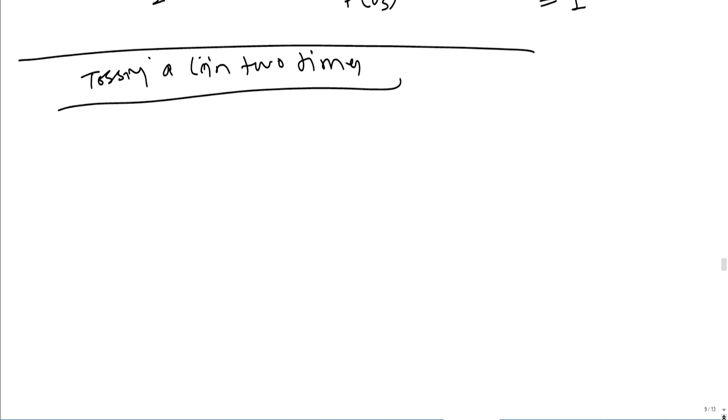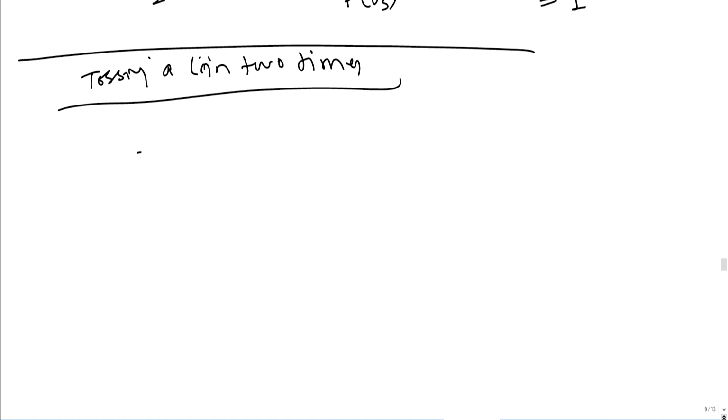Okay. Now, when you toss a coin 2 times, it could happen that you get heads on the first toss, tails on the second toss, or you get heads both times, right? So there are different possibilities that you can have. So what are all the possible outcomes that you can get in this experiment? If you toss a coin 2 times, okay, that would be your sample space.